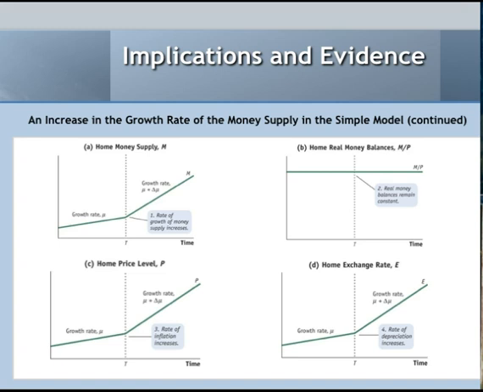So we can see the ultimate impact of a change in the growth rate of the money supply. We've changed it at time t. The money supply increases. The real money balances didn't, but that had to mean that the price level had to accommodate it, and the price level changed, resulting in a higher inflation rate, and that again impacted the exchange rate.